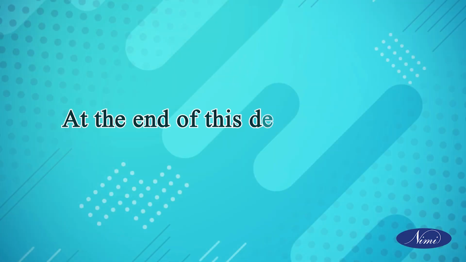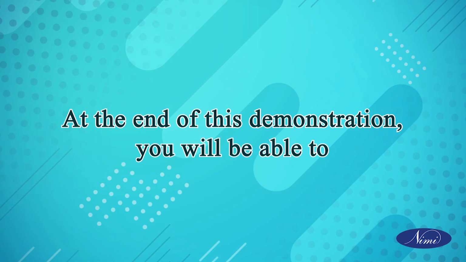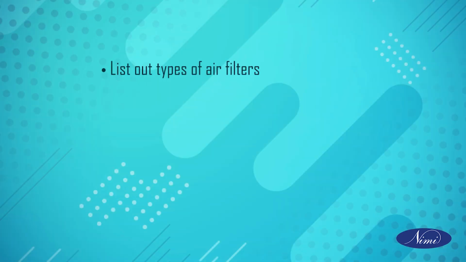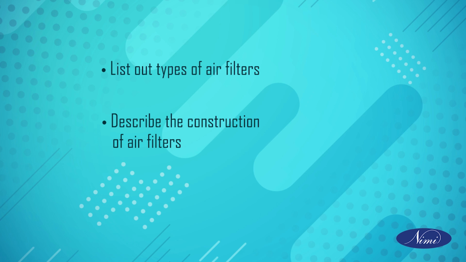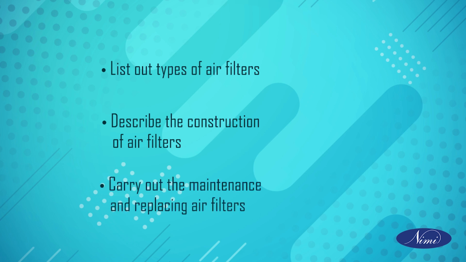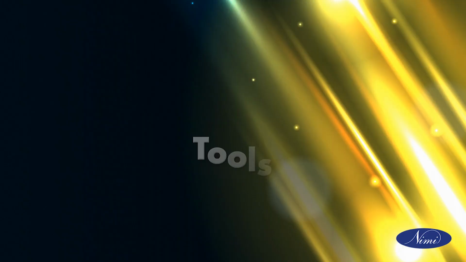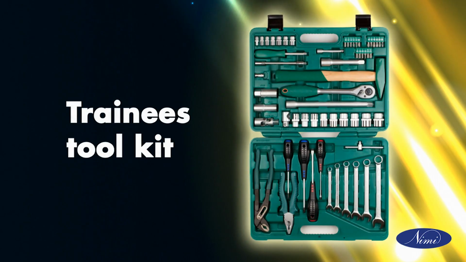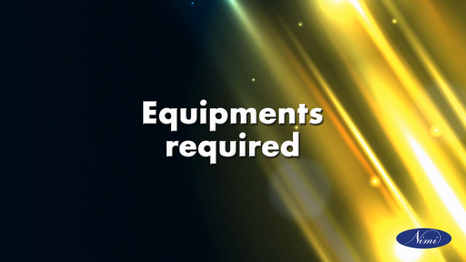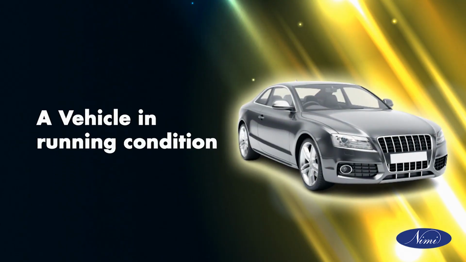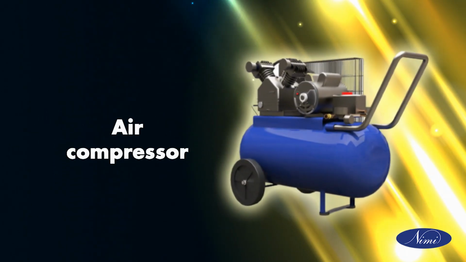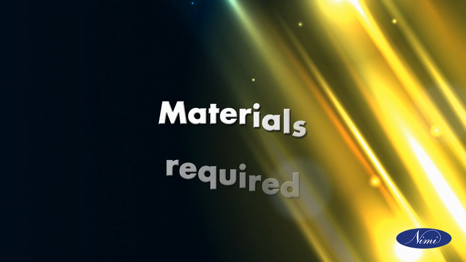At the end of this demonstration, you will be able to list out the types of air filters, describe the construction of air filters, and carry out the maintenance and replacing of air filters. Tools required: Trainee's Toolkit. Equipment required: a vehicle in running condition, air compressor.